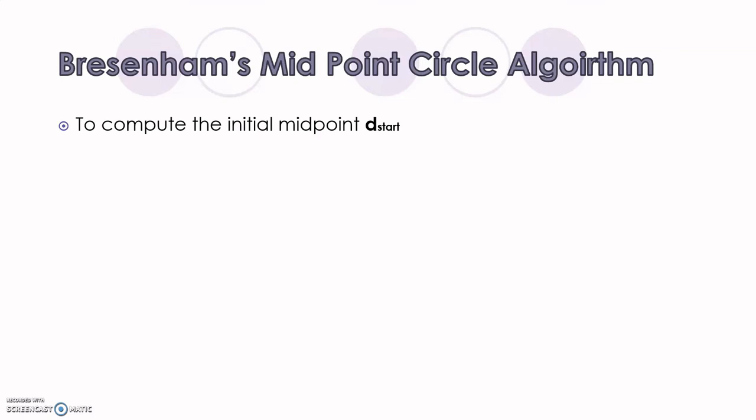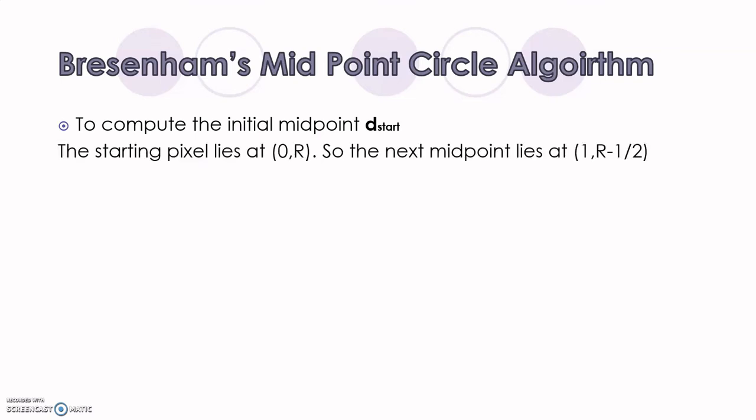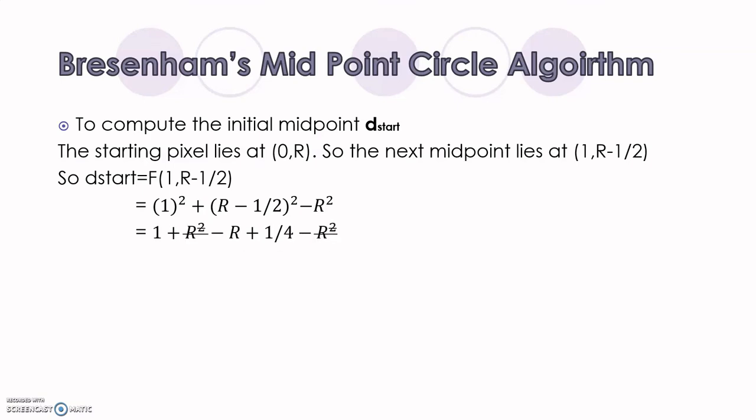So the starting pixel lies at 0, r. So the next midpoint lies at 1, r minus 1 by 2. Therefore, D start is f of 1, r minus 1 by 2. We convert it into the function, that is 1 square plus r minus 1 by 2 whole square minus r square. Computing, we get D start as 5 by 4 minus r.